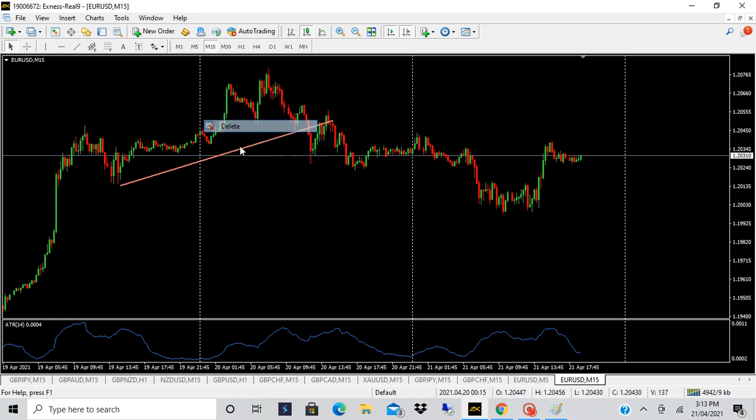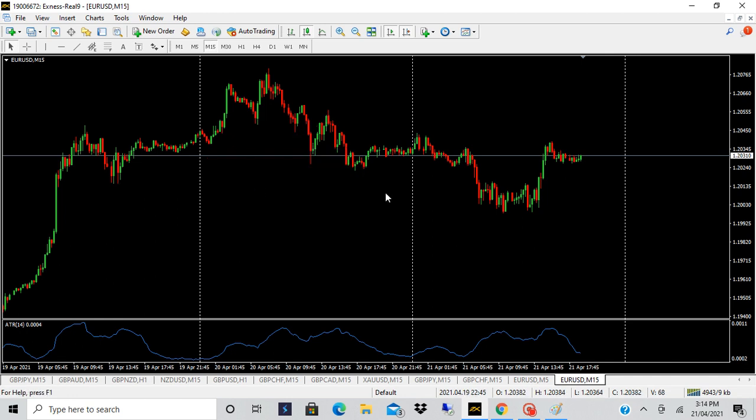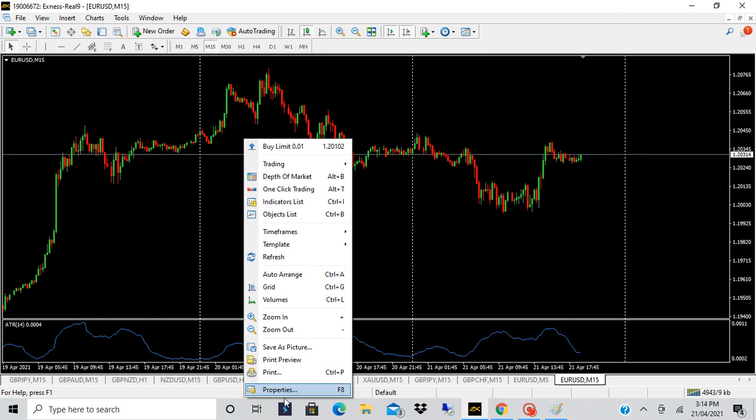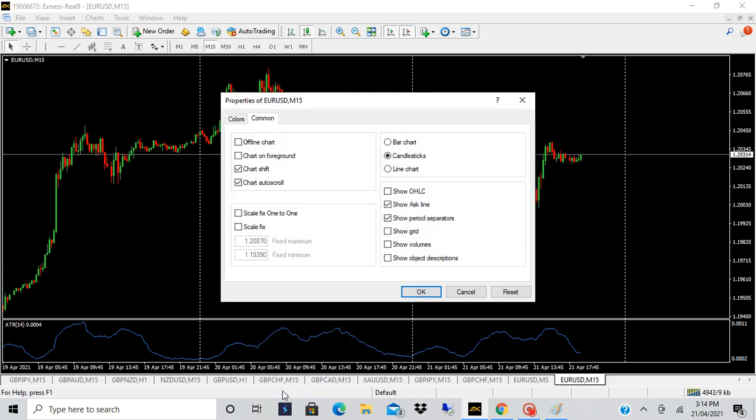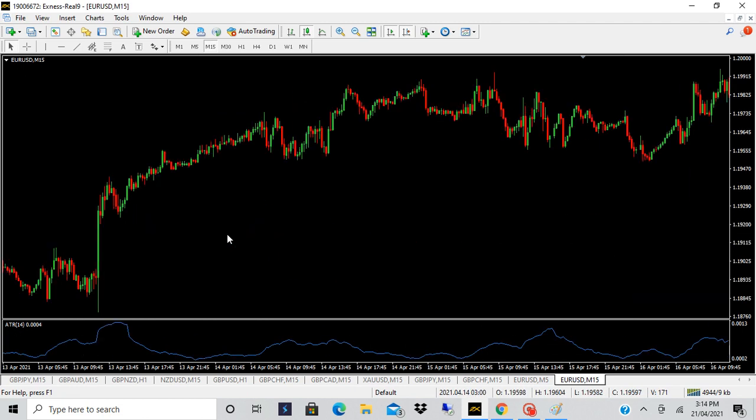Another thing that I use to separate my trading days is these white lines here called the period separator. How do I get that? Any broker has it. You go to properties, and I use the show period separator. If I remove it, I wouldn't have any white lines, and I wouldn't really know what my trading day is.